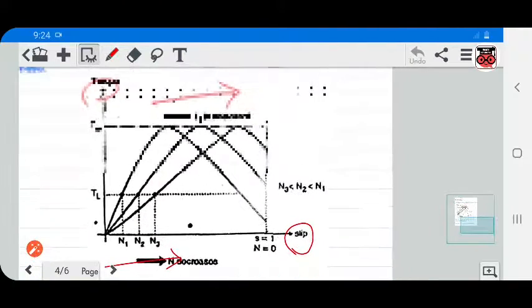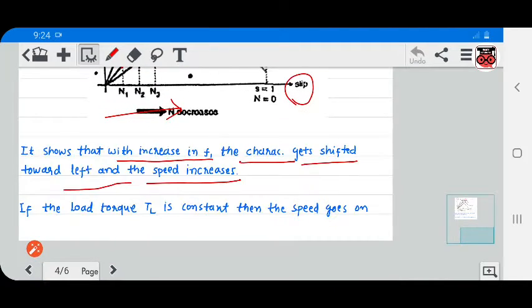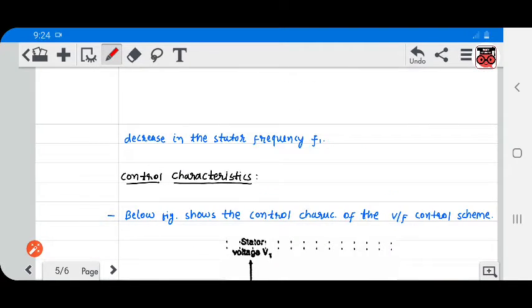As in the graph, you can see the frequency increases, the graph is shifted and the speed increases, because N1 is higher than N2 and N2 is higher than N3. So if the load torque TL is constant, then the speed decreases as the stator frequency F1 decreases.